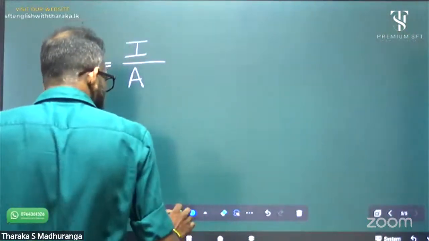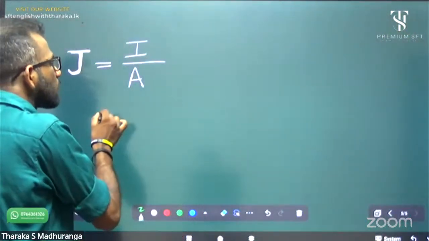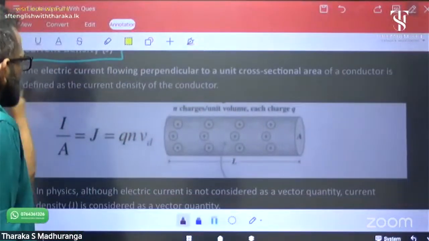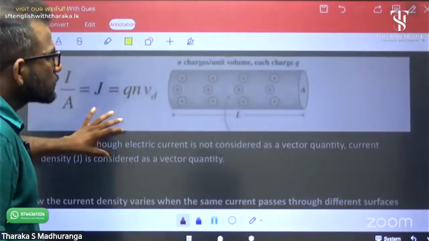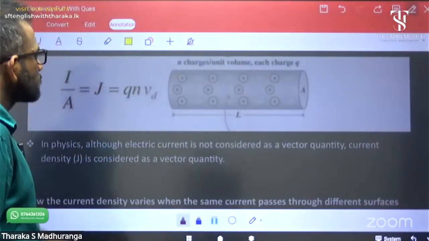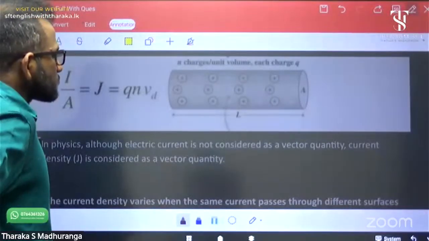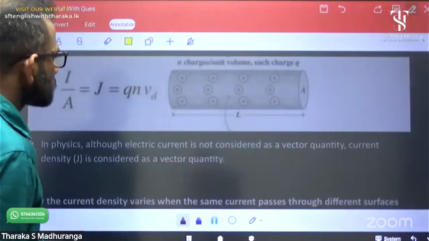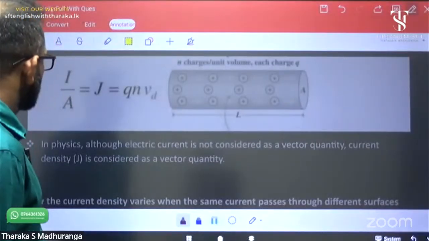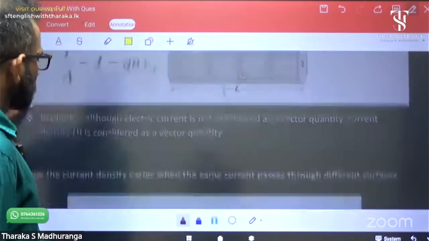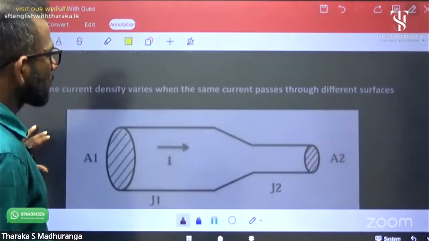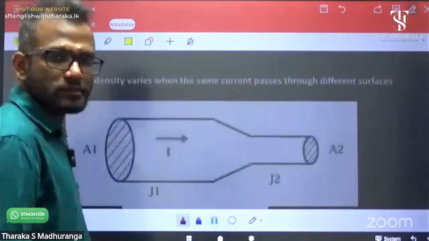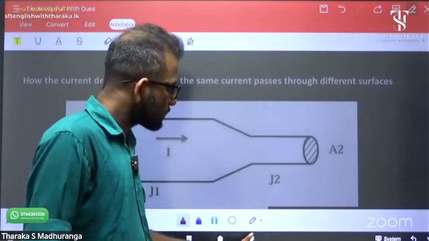Now, what is the unit of current density? Anyone? Quickly.